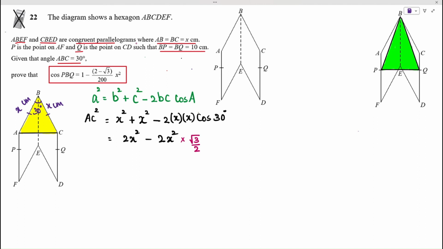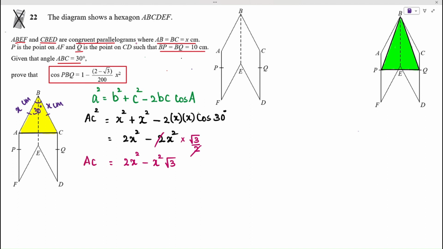So we can cancel out our 2's in 2x squared and our root 3 over 2, and so we get 2x squared minus x squared times root 3. And so this is AC squared.